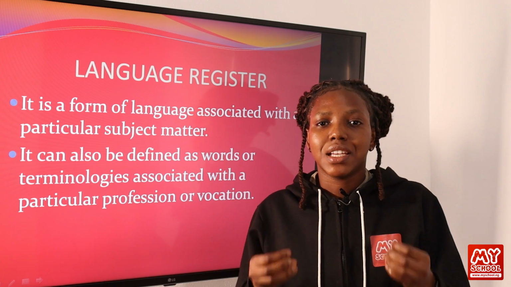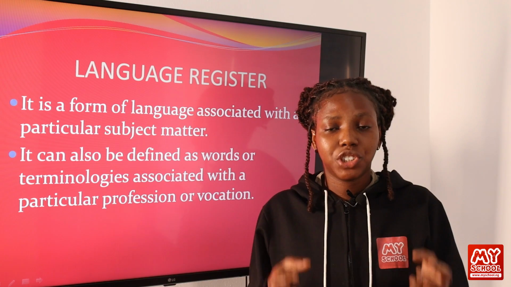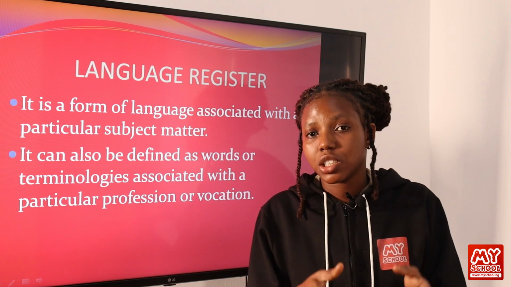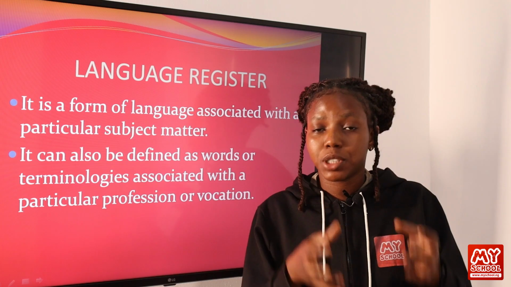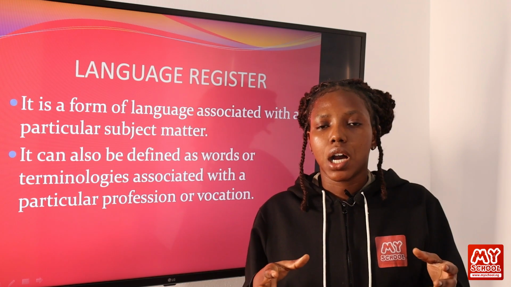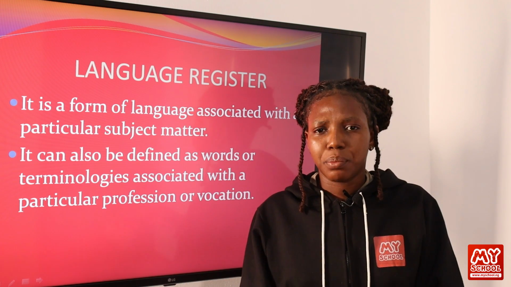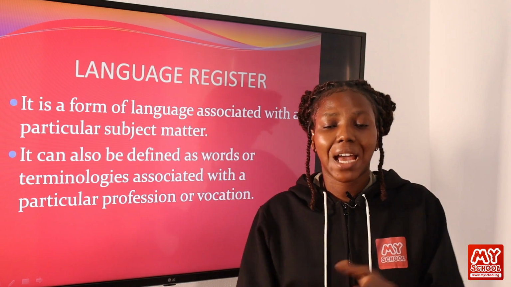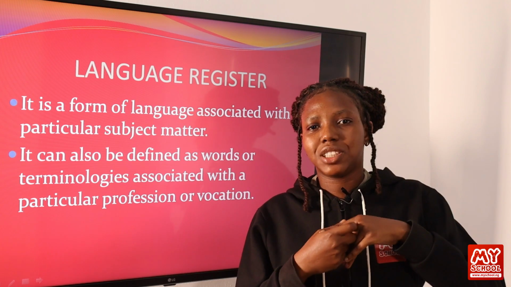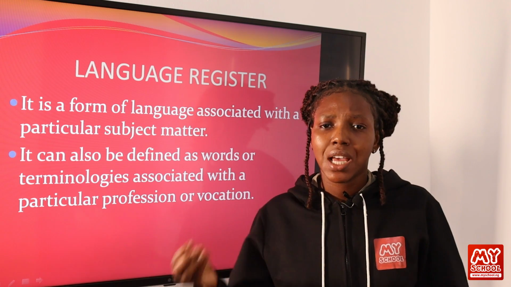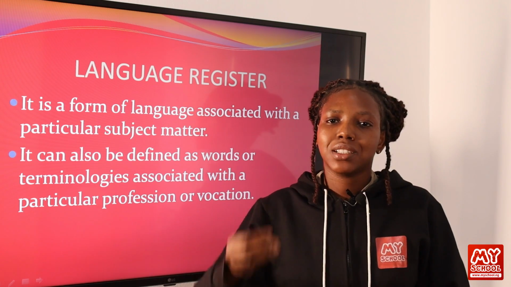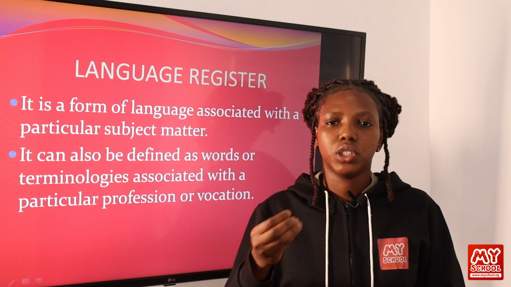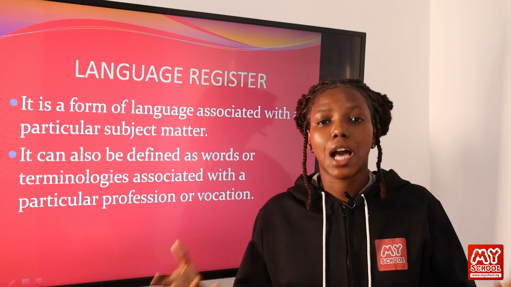Language register is the words or terminologies associated with a particular field, a particular profession, a particular subject matter, a particular vocation. Okay, because we have several of them. We have medicine, we have science, we have technology, we have diverse human activities, and these attract a special terminology or special word or special language register.